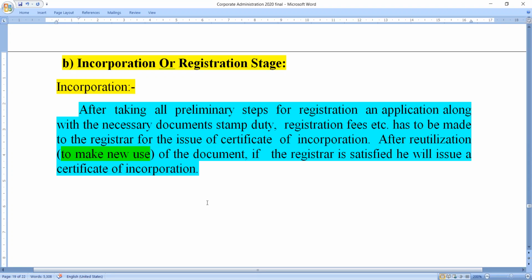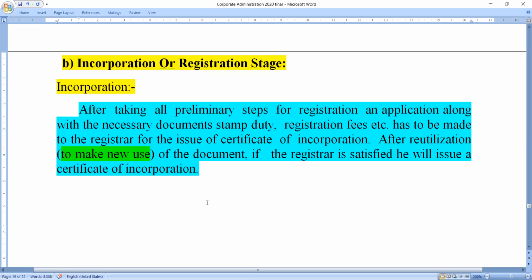If it is going to register the company, it must satisfy the terms and conditions. Therefore, all the documents are verified by the registrar. Who is the registrar?